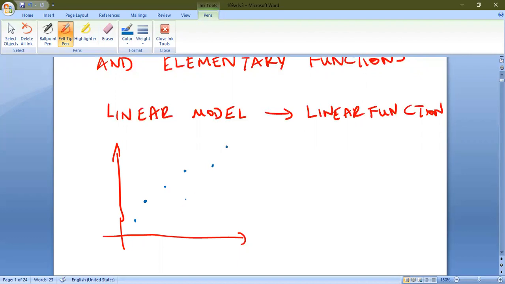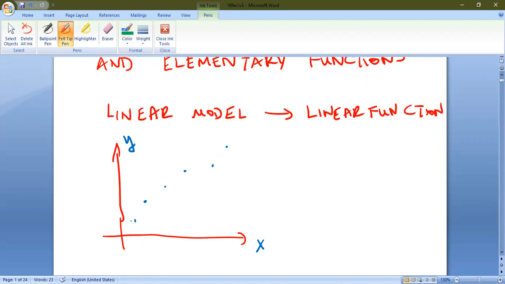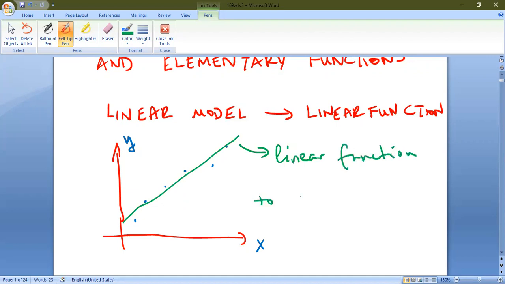You will have points scattered in the xy plane. So this can be approximated by some linear function like the closest line passing through maybe some of the points, but this line can be used to express this linear model. So this is a linear function to express the linear model we have.